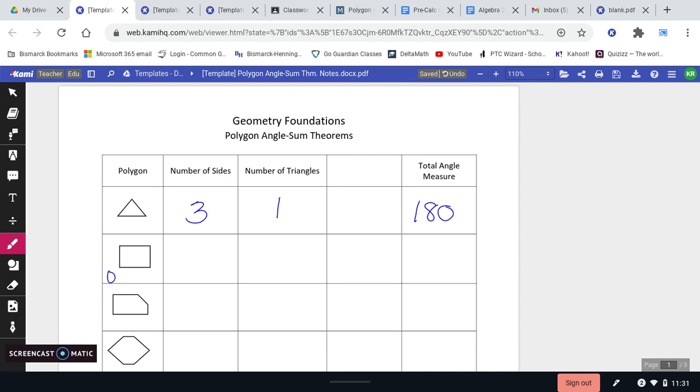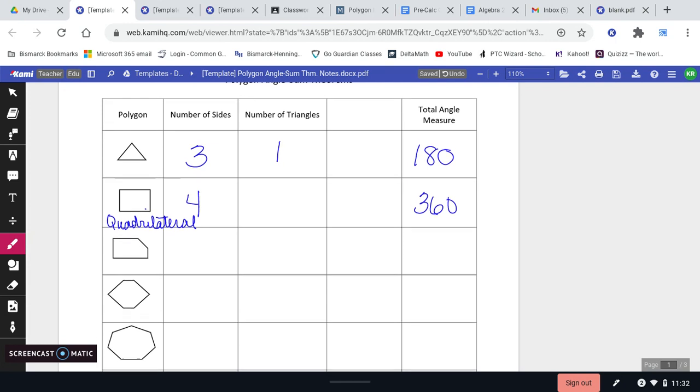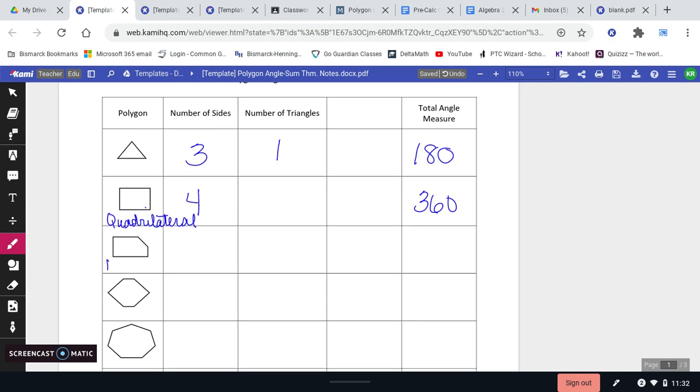Okay, for 4 sides, this is a quadrilateral. 4 sides, and you saw that that was 360 degrees. We'll talk about number of triangles in just a minute. Okay, 5 sides is a pentagon. So 5 sides, and that was 540 degrees total. 6 sides is called a hexagon.